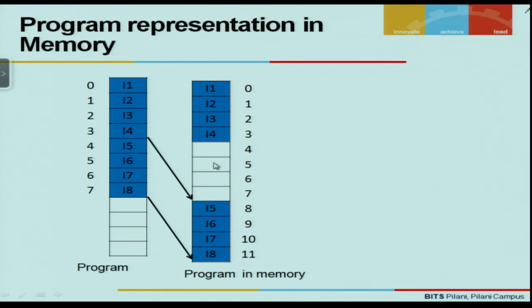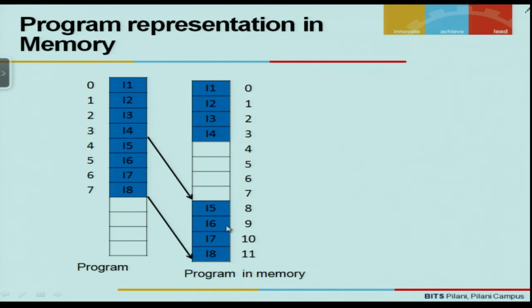At some later point of time, when for this particular program the remaining instructions were required to be loaded, say instructions 4, 5, 6, 7, then this was a free area which was available and they will get loaded here.